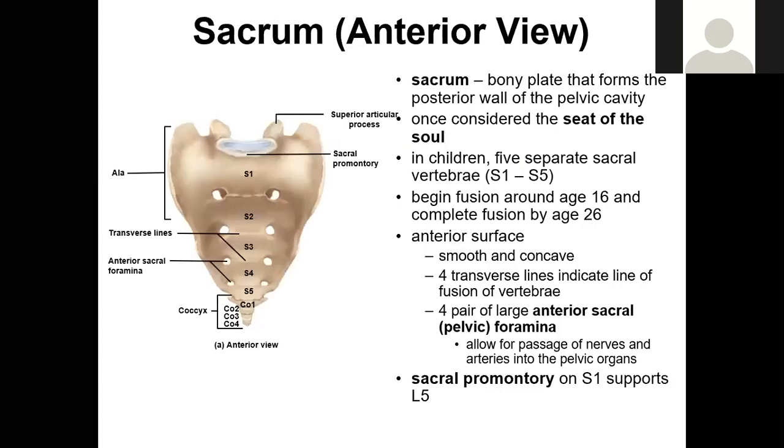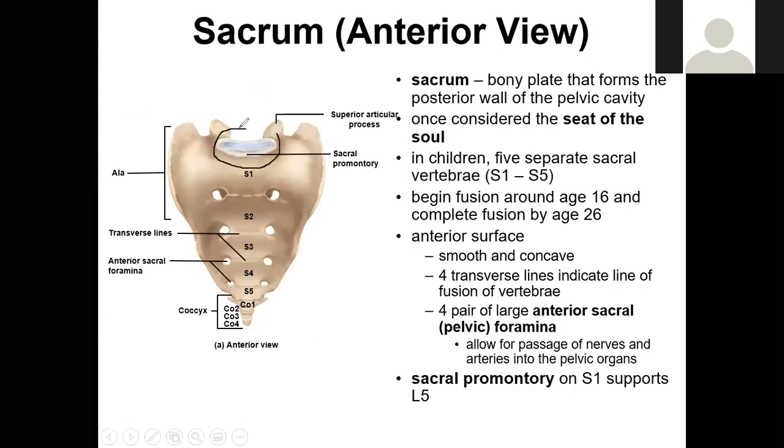The sacrum, like I said yesterday, all you're really going to need to know is what the sacrum is, and there's really only one part of the sacrum that I'm going to need you to understand and know, and that's this area right here.